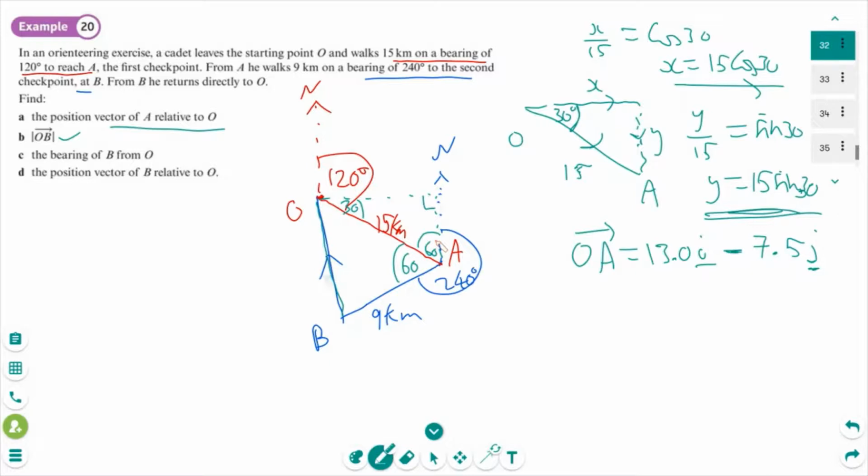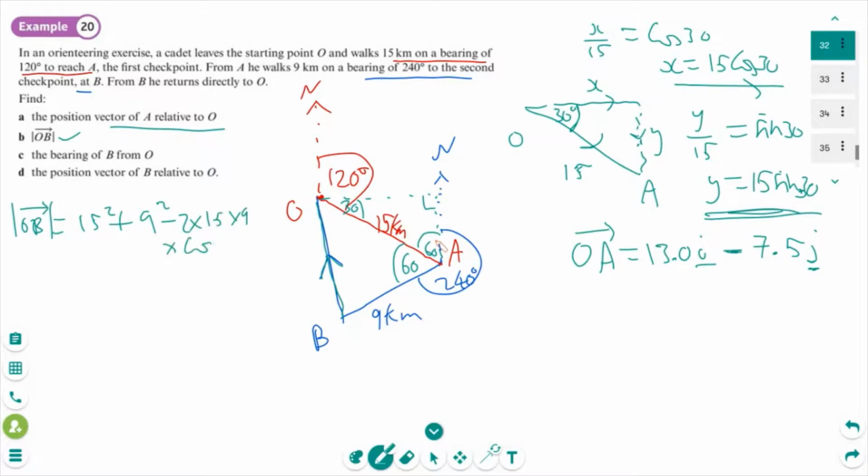For part B, to find the length O to B, you just stick the numbers into the cosine rule formula: 15 squared plus 9 squared minus 2 times 15 times 9 times cos 60.